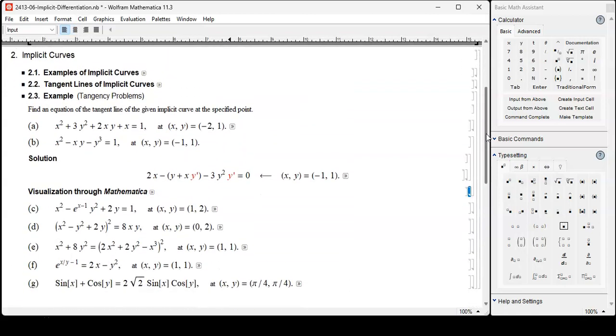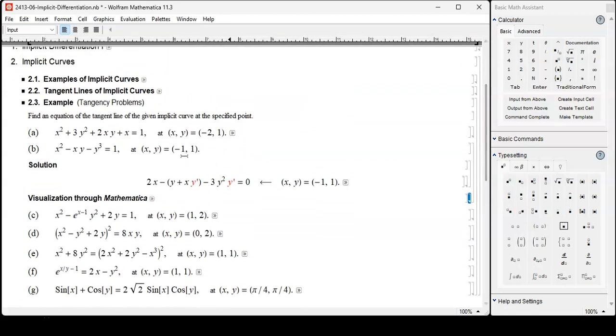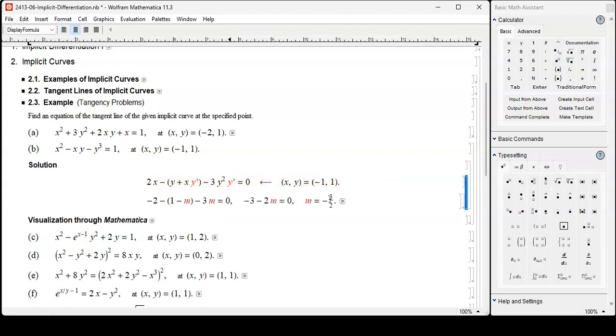If you stopped the playback and did a lot of work already, there was a typo. That should have been negative. I forgot about that. And then if you do it right, negative sign there. And then plug in the x value, y value there. X is -1, y is 1, y prime is m.